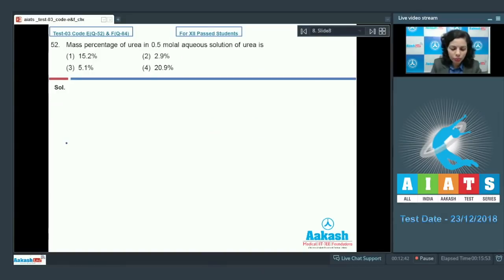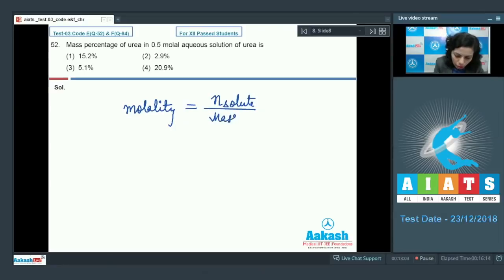Further, question number 52. Mass percentage of urea in 0.5 molar aqueous solution of urea is. This is the question in which you have the molality. And what is that? Molality is equal to moles of urea or the solute divided by mass of solvent.